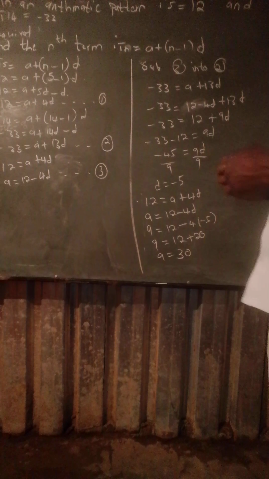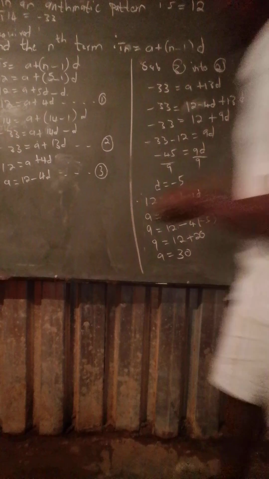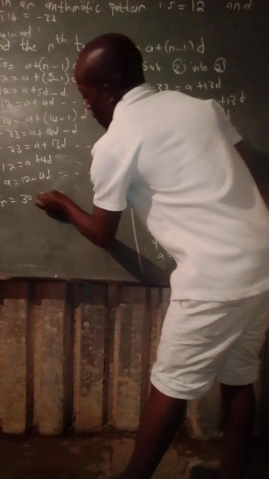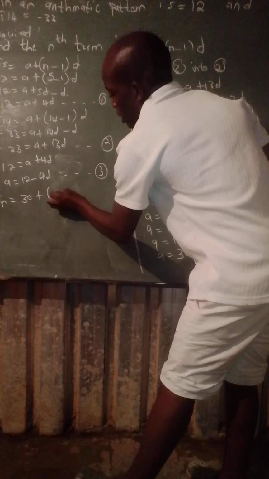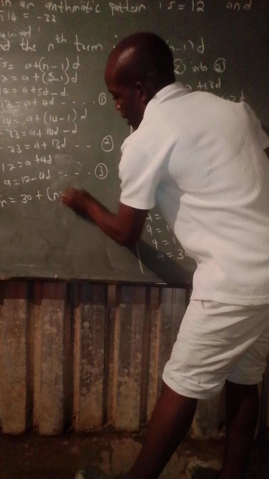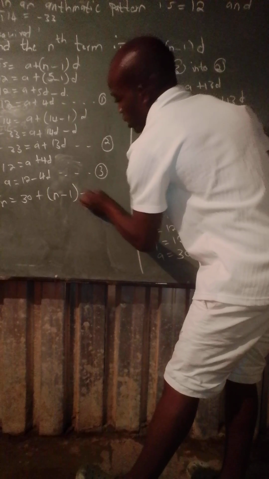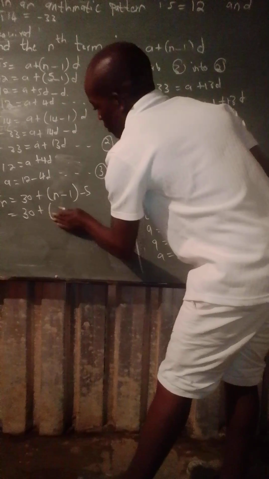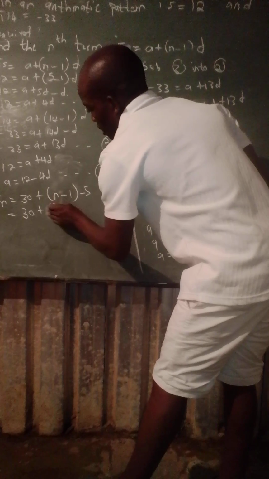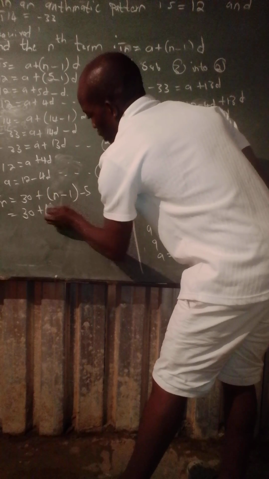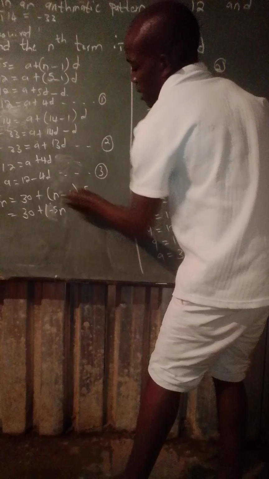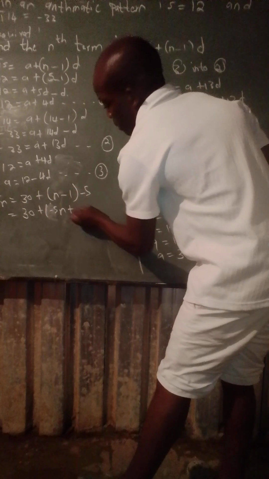Now, how am I going to find the nth term? Since I found the value of a, Tn equals 30 plus (n minus 1) times the value of d, which is negative 5. Then this is going to be 30 plus negative 5 times n, which is negative 5n, and negative 5 times negative 1 is plus 5.